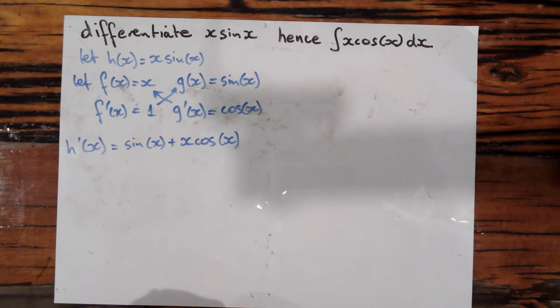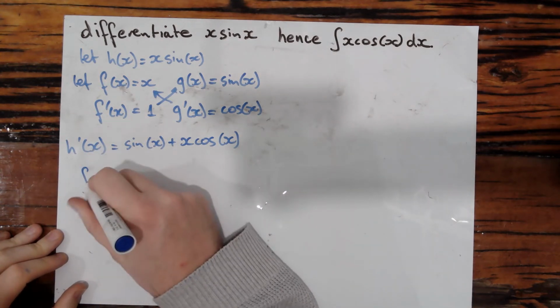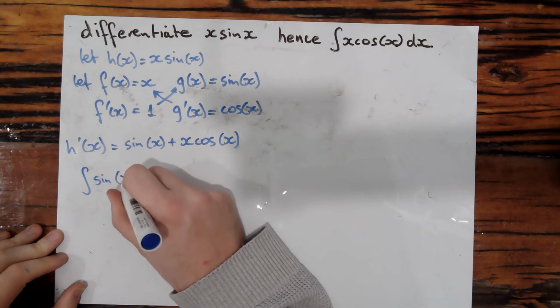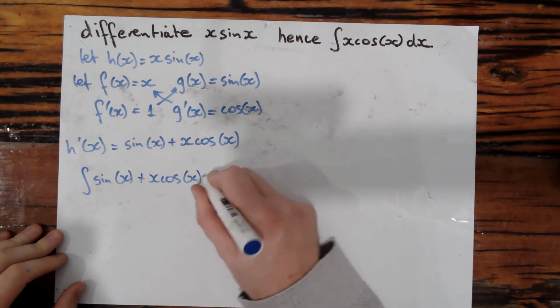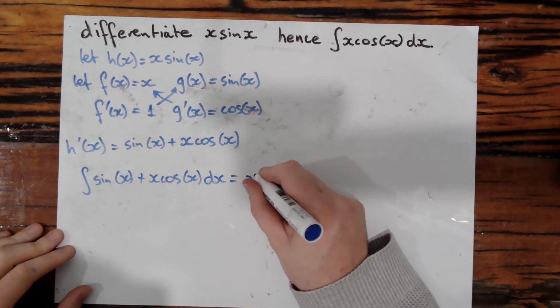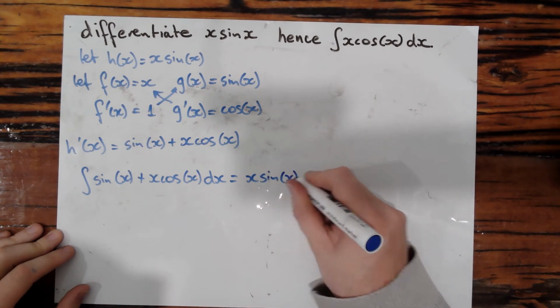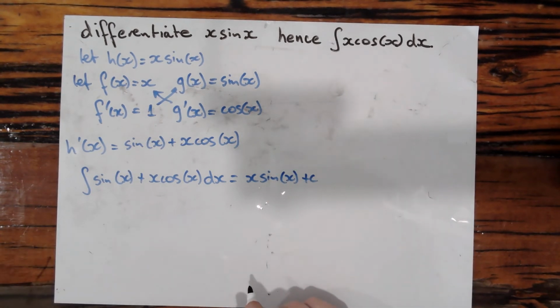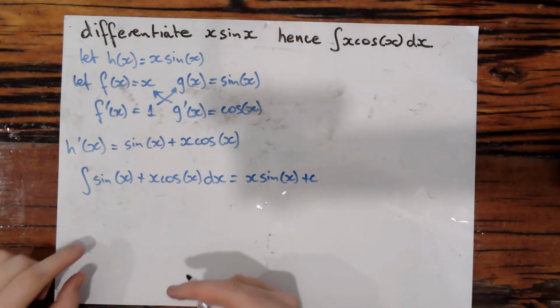Now part B, we need to set up our integration here and say, well, we're integrating sine x plus x cos of x dx, and that's going to equal x sine x plus c. You can see this one's a little bit different though. It's not just go multiply or divide or anything like that.